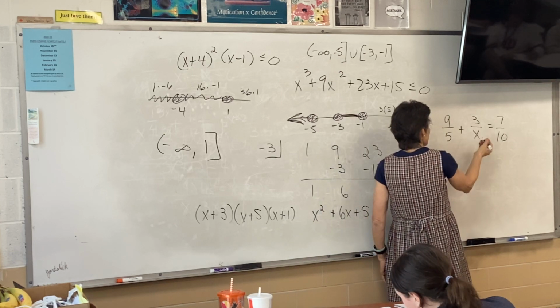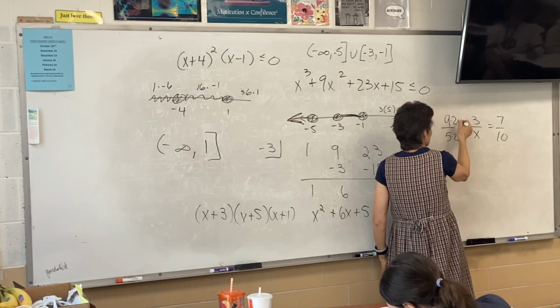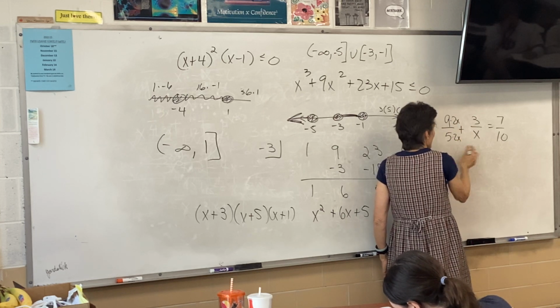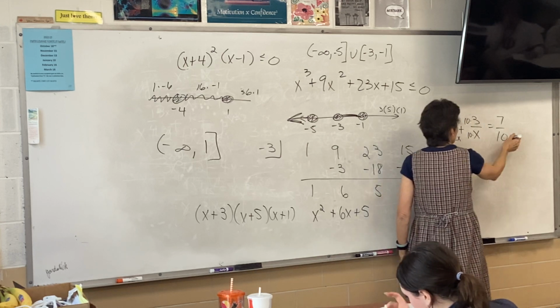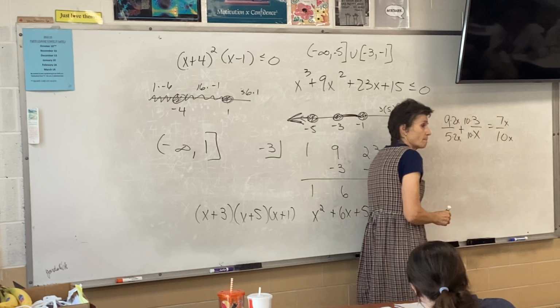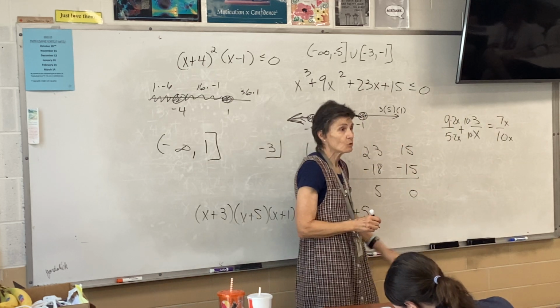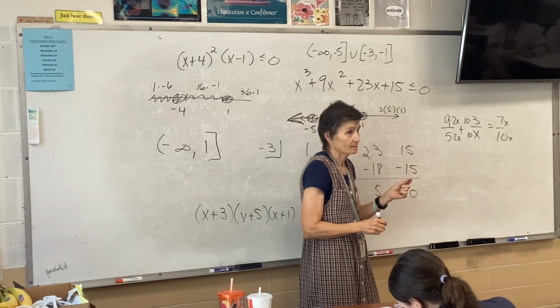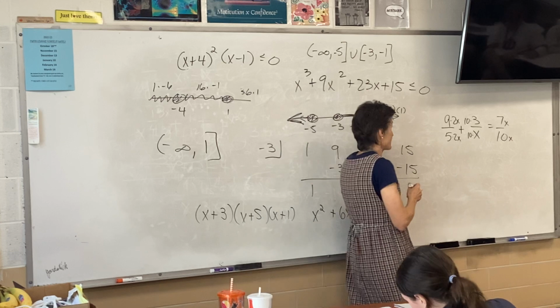So which one do you want to use? 10. If we use 10X, then this guy needs a 2X, this guy needs a 10, and this guy needs an X. Whatever common denominator you choose, you have to turn them all into that. So multiply by whatever you need to make them all the same.